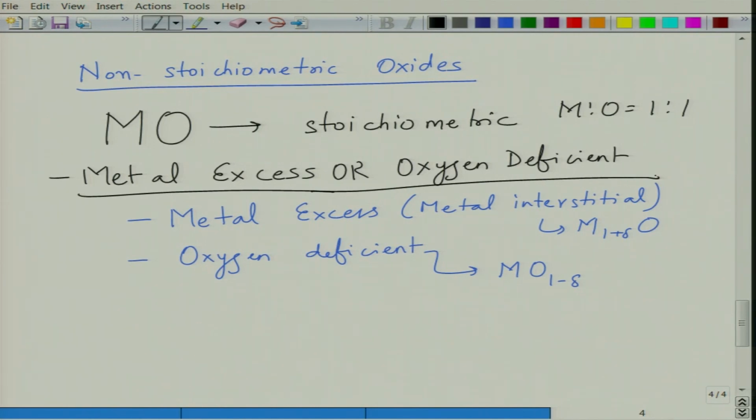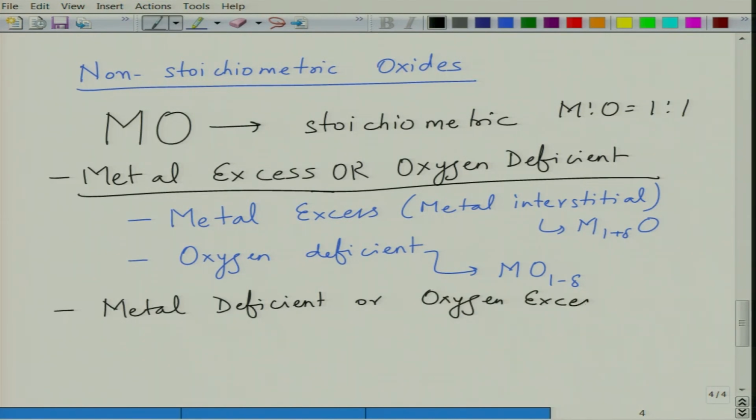All right. The second case is that of metal deficient or oxygen excess, and this case will mean that we have M1-delta O or MO1+delta.